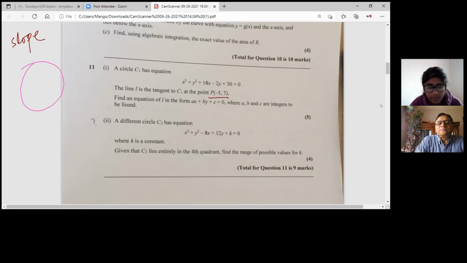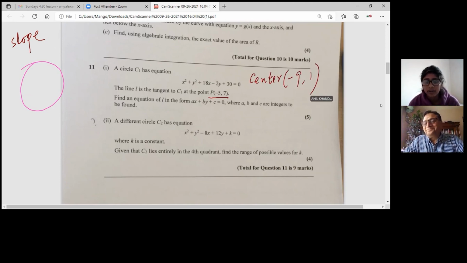The center is (-9, 1). What is your method of finding the center? You know that method where you do 2f equals 18, because that's the x part, and then 2g equals -2, which is the y part, and then individually you find f and g and switch the signs. Perfect. So you know the formula. That is the right answer.